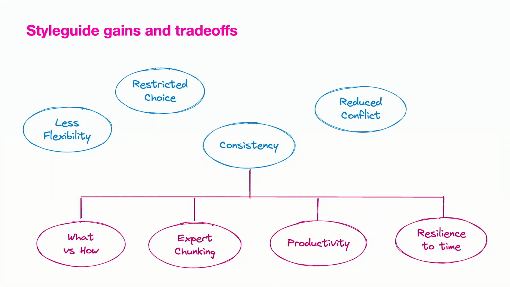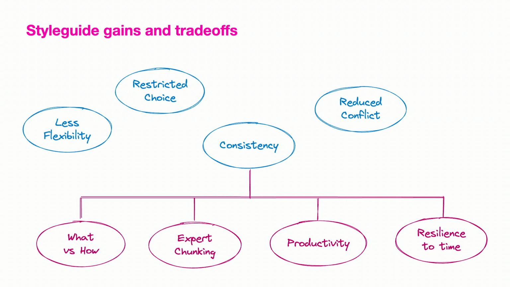Expert chunking is a cognitive process which groups pieces of information into meaningful chunks rather than keeping track of each piece on its own. This makes it much faster to think about things. For example, expert chess players think in terms of configurations of pieces rather than keeping note of each individual piece's position. This makes it faster to read tests, and this results in productivity.